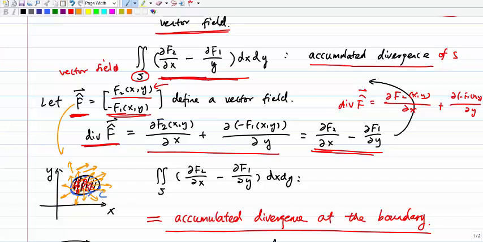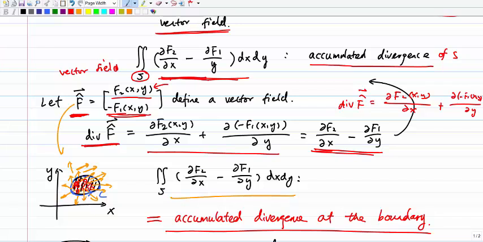Remember, the divergence means, if I consider this vector field defines the velocity of the particles in the field, the divergence characterizes how many particles are coming in versus how many particles are coming out. So if divergence is positive, you have more particles coming out than the number of particles coming in.